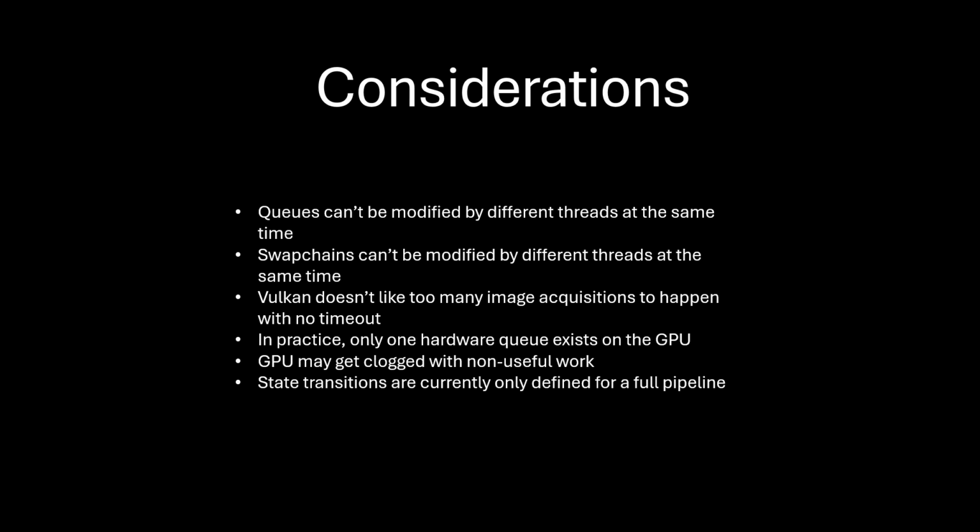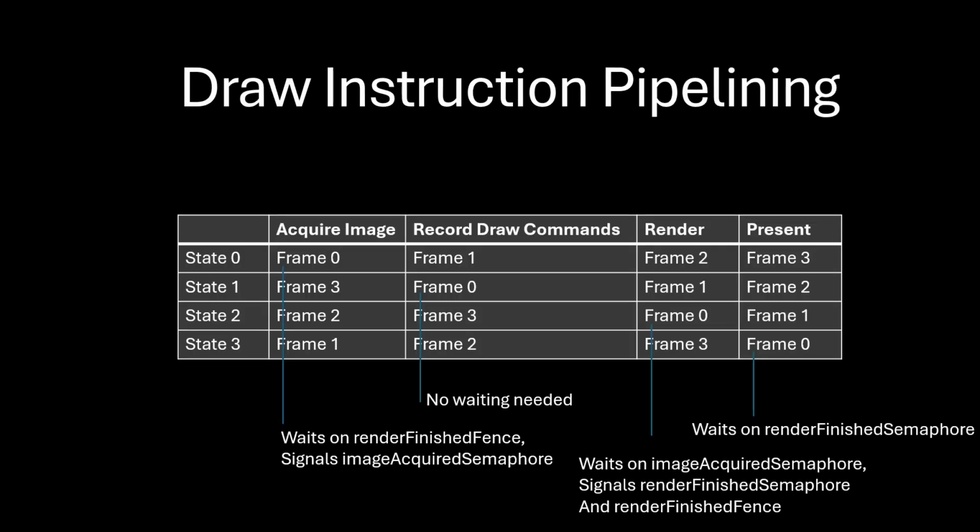So there's that. Another thing is that swap chains can't be modified by different threads at the same time. Now, the reason that comes up is when we come to acquire an image, that accesses the swap chain, and when we come to present, that accesses the swap chain, and we have one swap chain across all the queues, across all the frames.